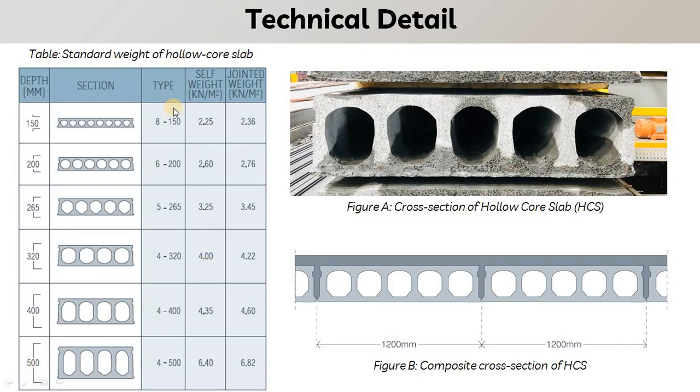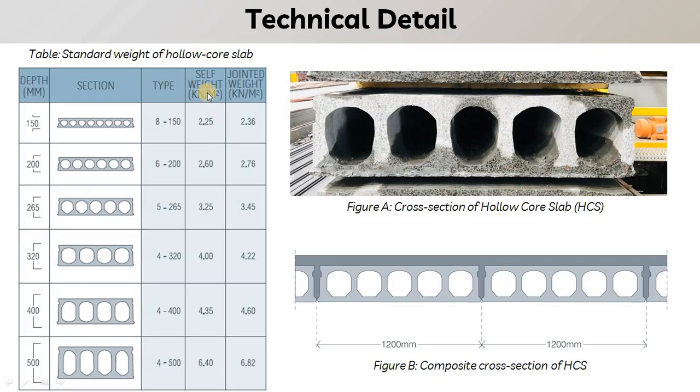In this column, you can see the number of cores. This identifies the core number. In the 150 mm slab there will be 8 cores. In the 200 mm slab it will have 6 cores. In the 265 mm slab it will have 500 mm cores, and simultaneously for 500 mm thick we have 4 cores. You can see 1, 2, 3 and 4.